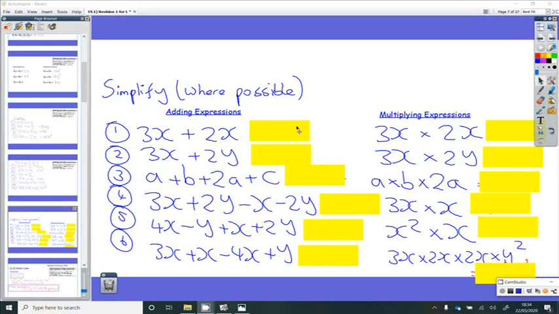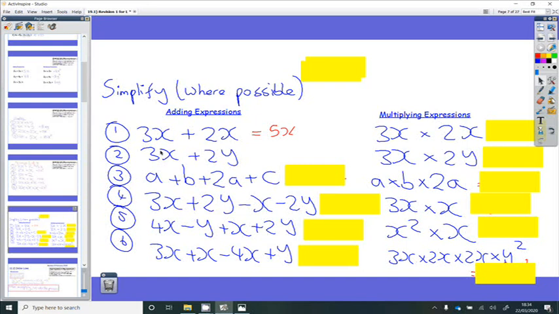So here are some questions for you to have a go at. Some adding expressions on the left and multiplying expressions on the right. So pause the video and play it again when you're ready. So the ones on the left we're adding, so we've got 5x, 3x plus 2y.